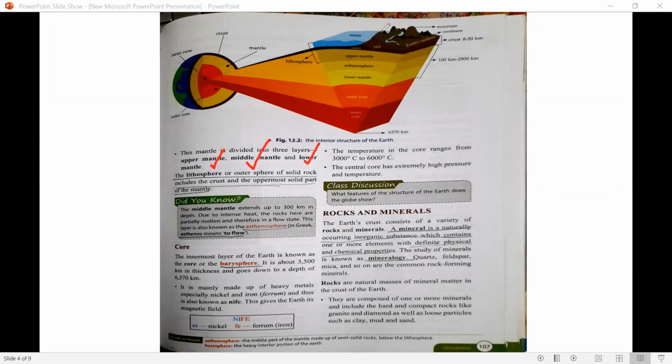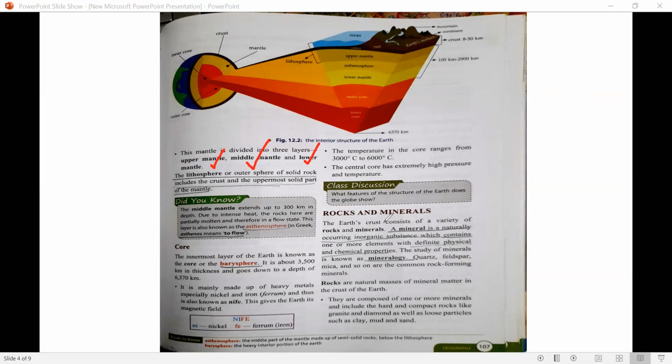Now, if someone asks where the upper mantle is located: the upper mantle is the uppermost layer, the middle mantle is the middlemost layer, and the lower mantle is the lowermost layer.